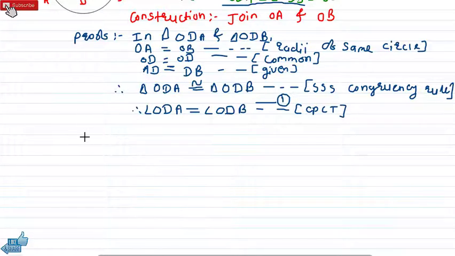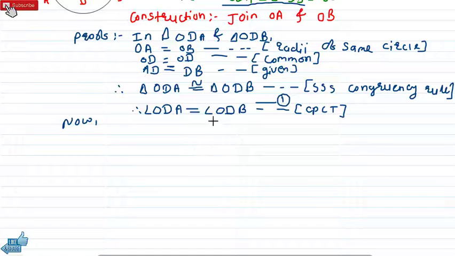Now I'm writing the most important part. Just remember this: whenever we have to show the angles are equal to 90 degrees, then we have to use which theorem? That is linear pair. If you remember, the linear pair axiom. What is the linear pair axiom?